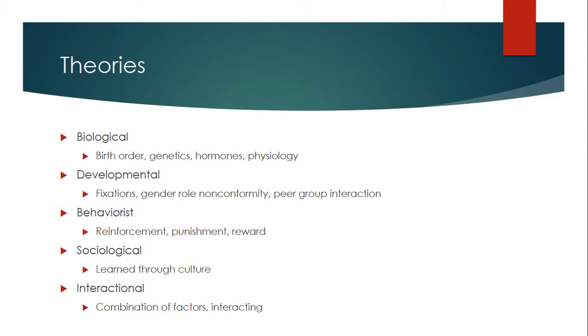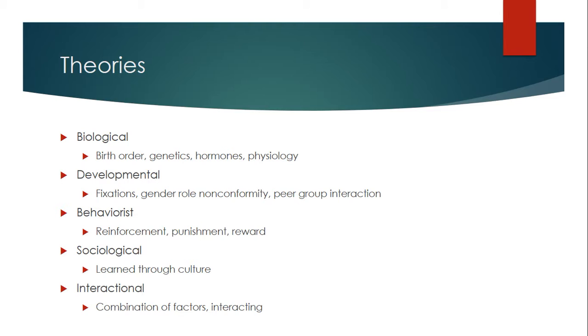Developmental theories would look at something happening as you're growing up. So this is where we get into Freud as far as the fixations, where he talked about the Electra complex and the Oedipus complex. Other developmental theories would be gender role nonconformity, which is the little boys that like to play house or with dolls, and then girls who are more into masculine types of activities.